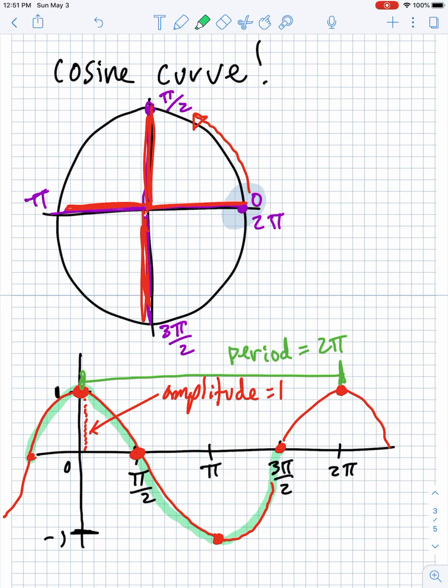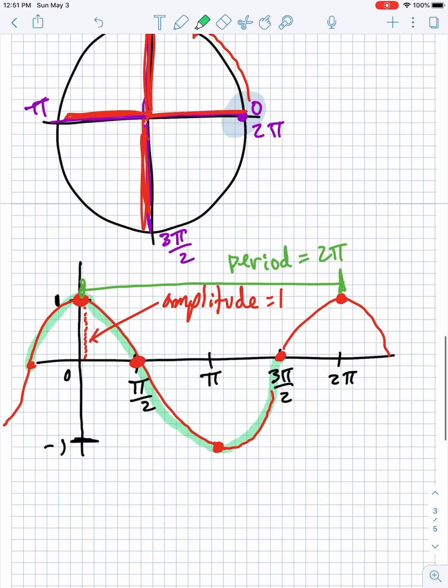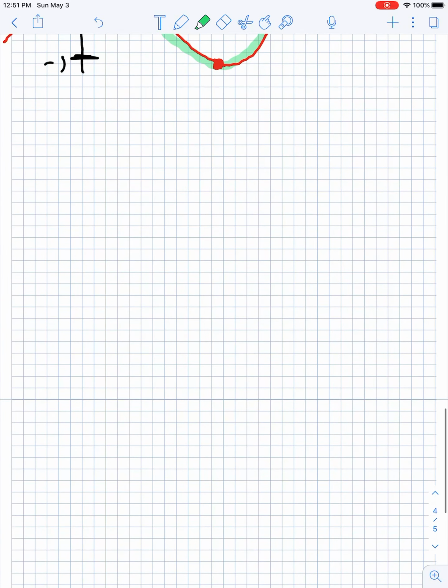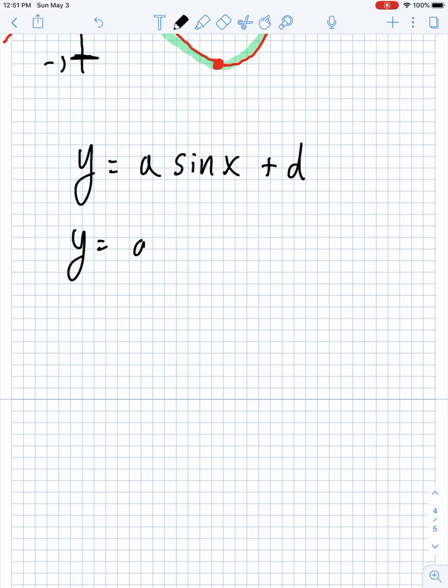So you guys, cosine behaves the exact same way. If you were asked to sketch certain things about cosine, really all we covered today is, if we have y equals a sine x plus, let's say d. I think that's a weird jump, but it'll make sense later on. And y equals a cosine x plus d, that these guys, the a values, they control your amplitude.